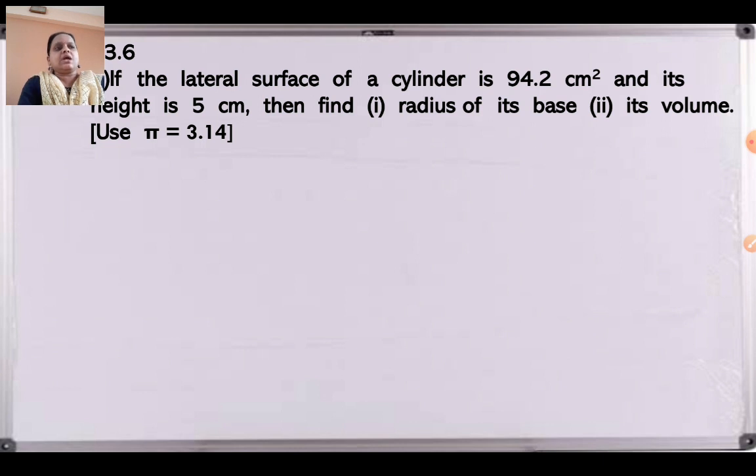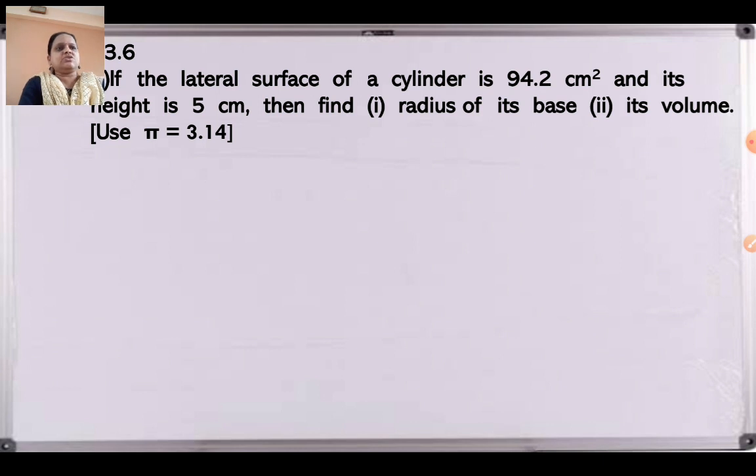Yes, so again I will repeat here, as I told you before, if in a question nothing is specified, that means we have to use the pi value as 22 by 7. But in this question they have specifically given pi as 3.14. So use the pi value as 3.14.